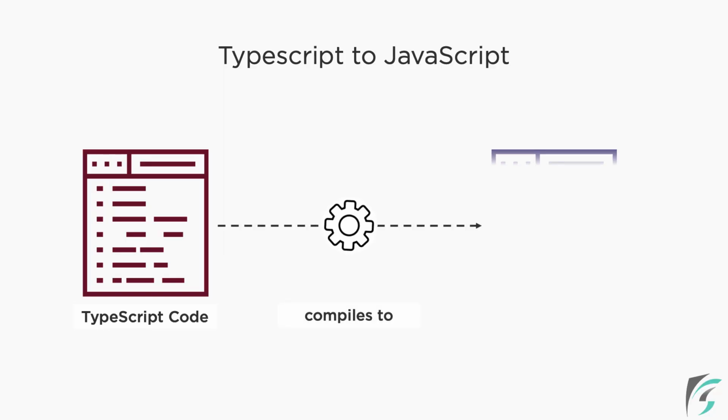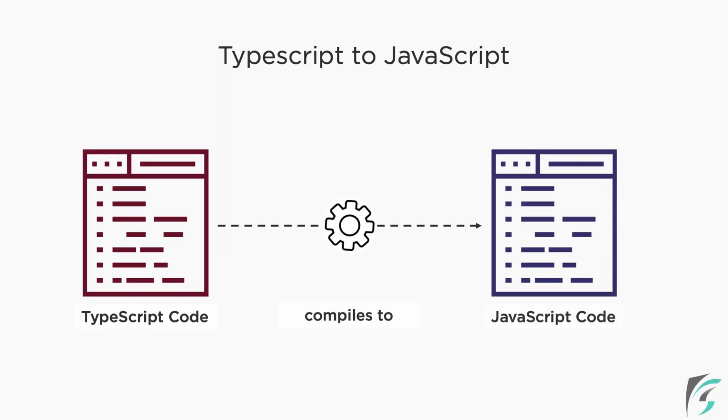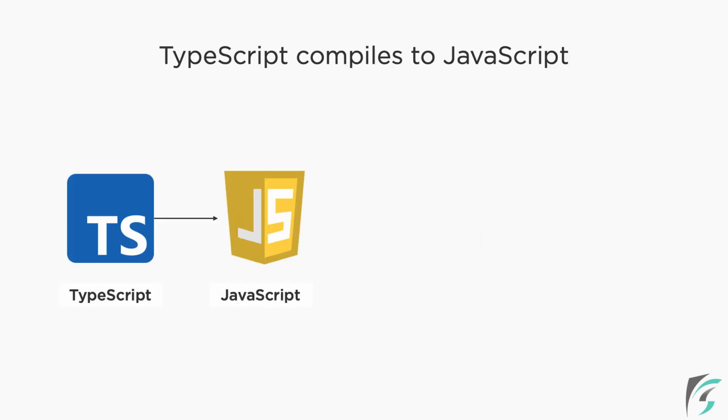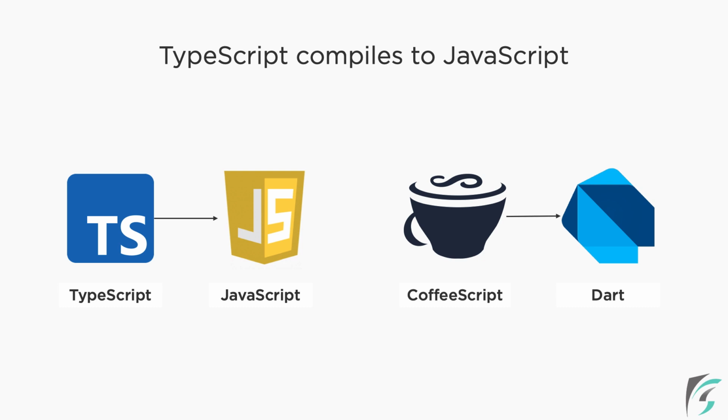Because TypeScript code compiles to JavaScript code. The compiled code is clean and standardized JavaScript code, not minified, not compressed. To give you another example of such a process, we have CoffeeScript which compiles to Dart and works the same way as TypeScript and JavaScript does.